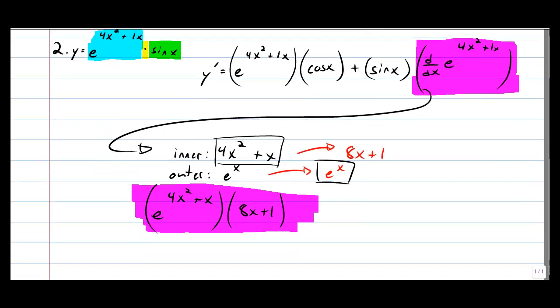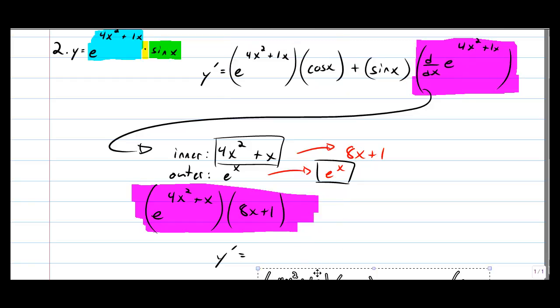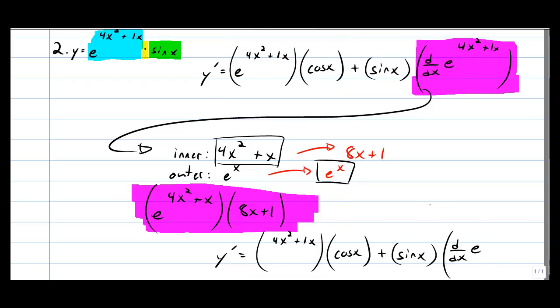So y prime is this stuff, except we'll replace what's in purple. So we'll have e to the 4x squared plus x times 8x plus 1.